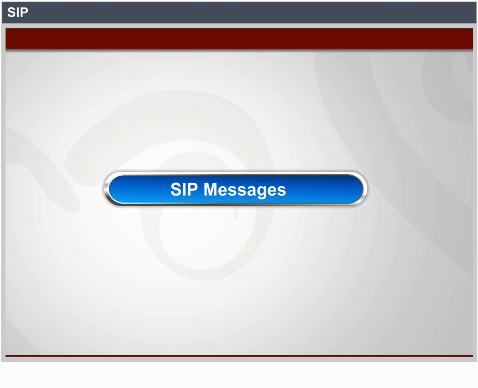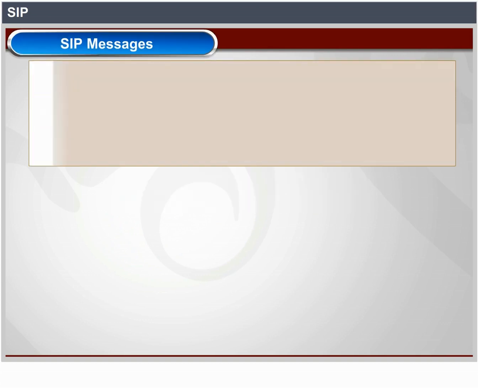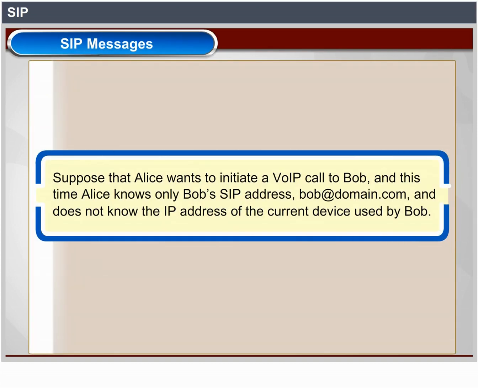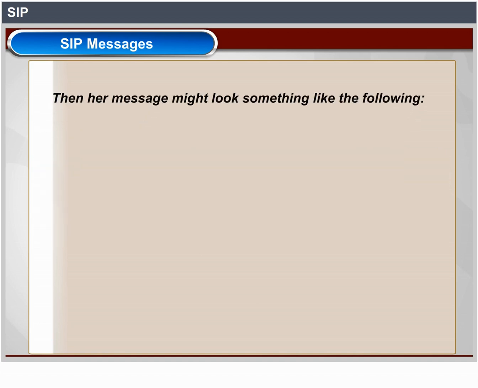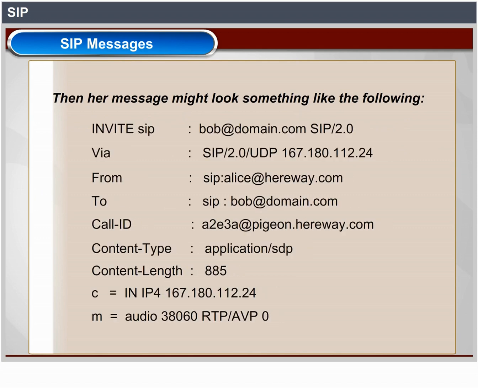SIP messages. Suppose that Alice wants to initiate a VoIP call to Bob, and this time Alice knows only Bob's SIP address, bob@domain.com, and does not know the IP address of the device that Bob is currently using. Then her message might look something like this. INVITE sip:bob@domain.com SIP/2.0. Via: SIP/2.0/UDP 167.180.112.24.